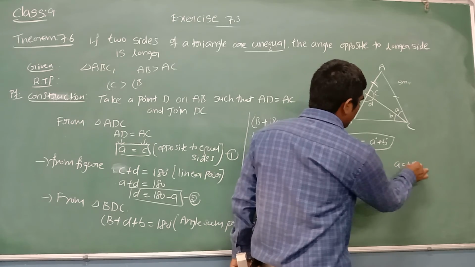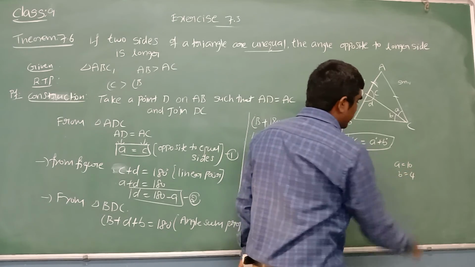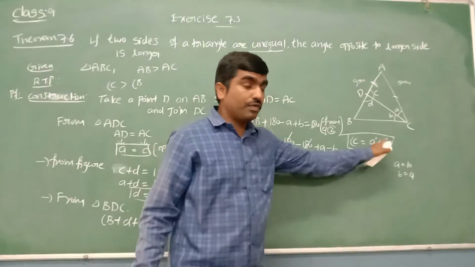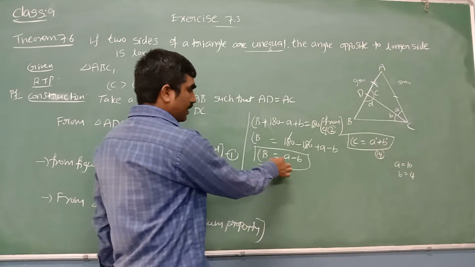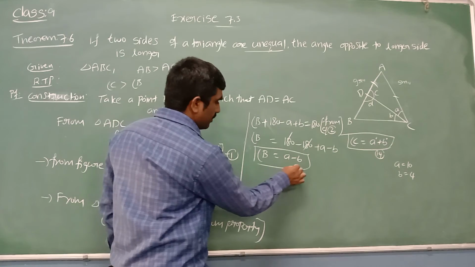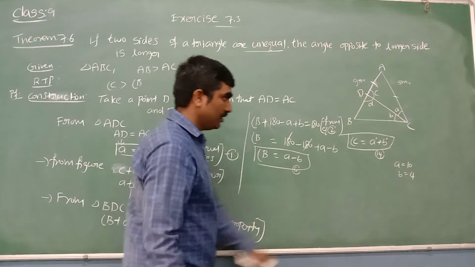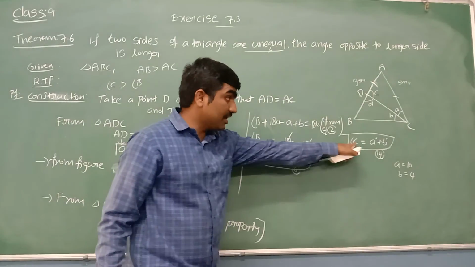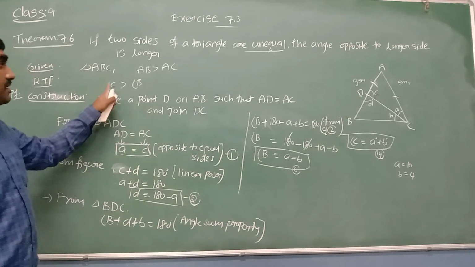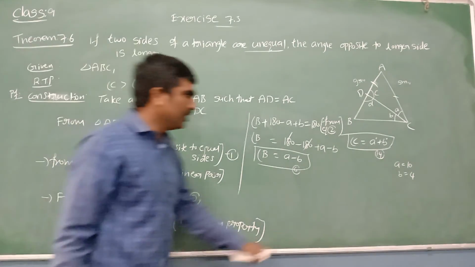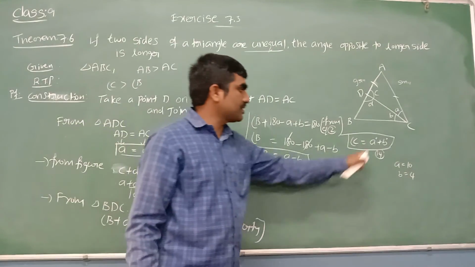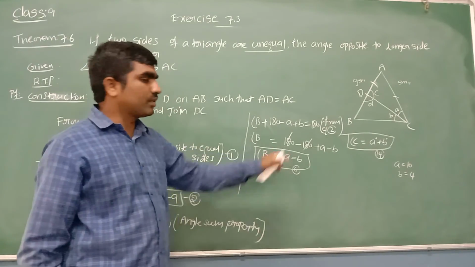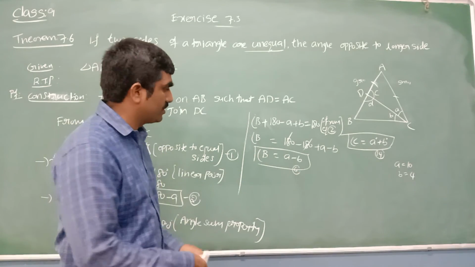Let me take A is equal to 10, B is equal to 4. 10 plus 4 is 14, 10 minus 4 is 6. 14, 6: angle C is greater than B. Not only 10 and 4, you take any two values. The sum of two values is always more than the difference, as they are positive angles.